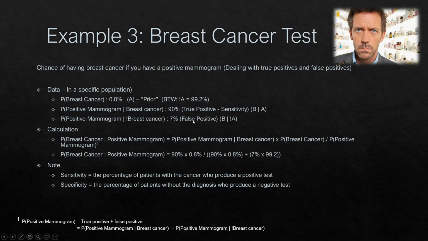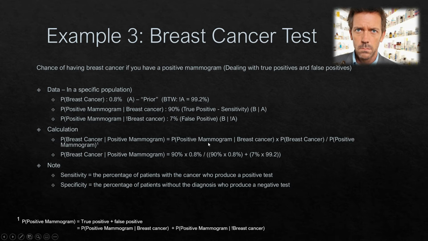So for mammogram screenings, that's 7%, so a fairly high rate of false positives as well. That would be probability B given not A. So the calculation in this case is probability of breast cancer given that someone had a positive mammogram. We want to know what's the probability of breast cancer in that case.